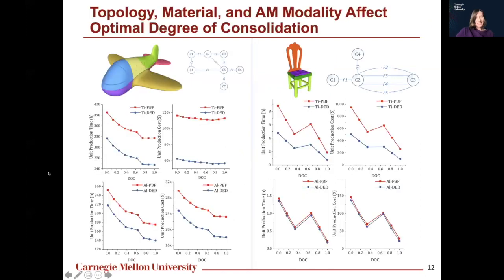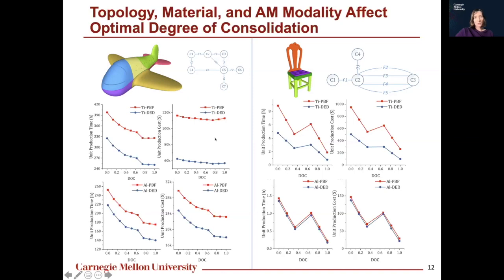So just some examples here, looking at a toy plane and comparing that to a chair and using different modalities. Here we've got powder bed fusion and powder fed DED, as well as comparing across titanium and aluminum. We can see that for the toy plane, this has a larger shadow volume compared to the chair because of the extended wings.